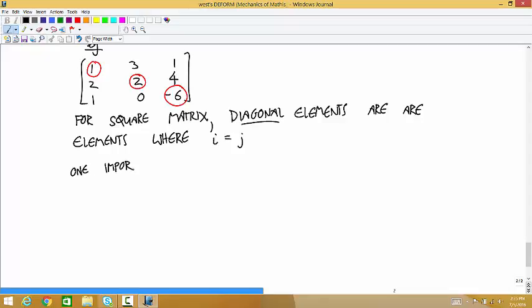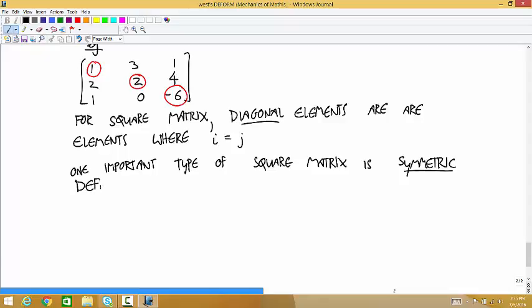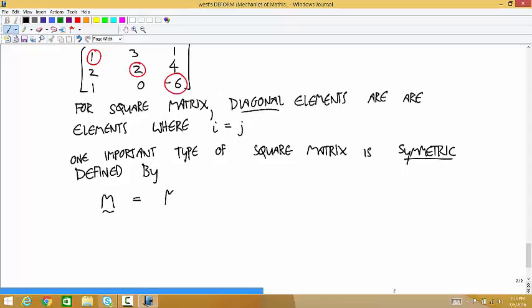One important type of square matrix is called a symmetric matrix. And a symmetric matrix is defined by the matrix, let's call it M, is equal to its own transpose.